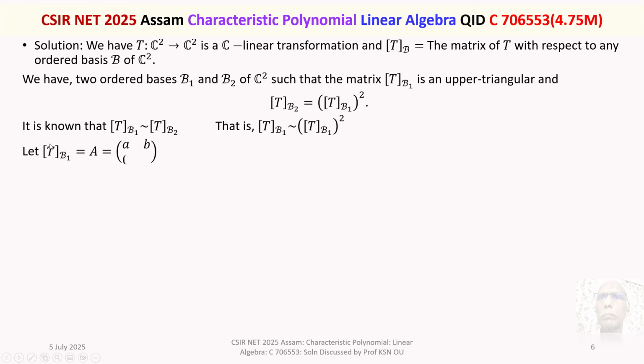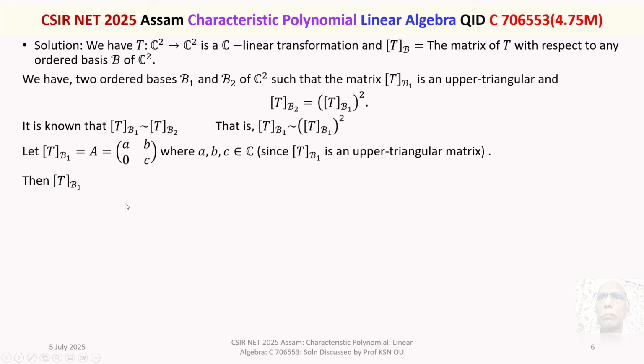Let the matrix of T with respect to B1 be capital A, and T is from C square to C square. So the matrix will be a 2 by 2 matrix whose first row is a, b, and second row is 0, c, because it is an upper triangular matrix. It is given to be upper triangular, therefore it is like this, where a, b, c are complex numbers.